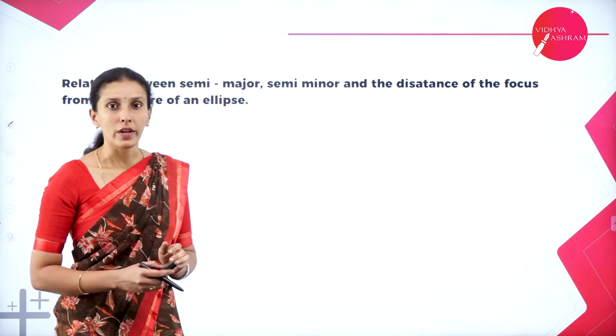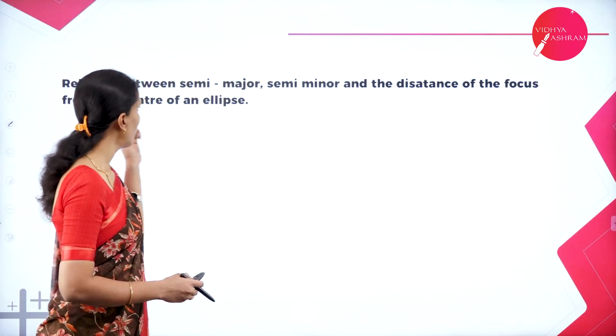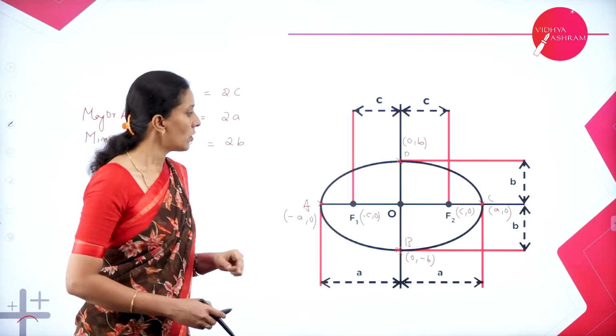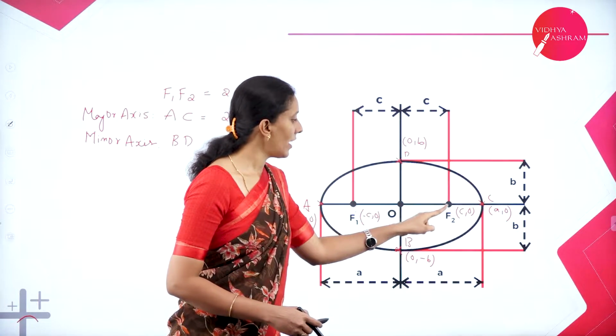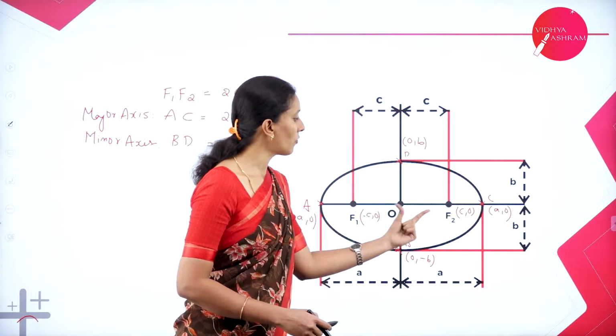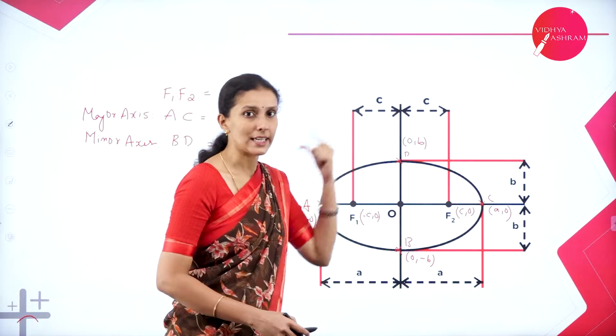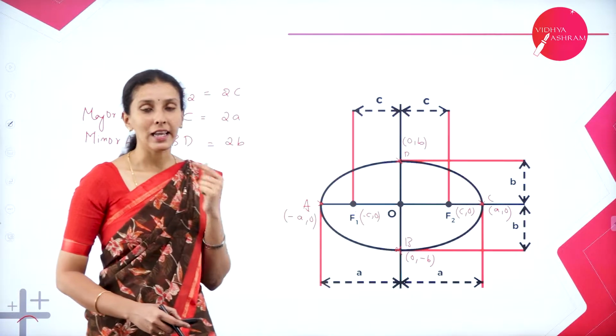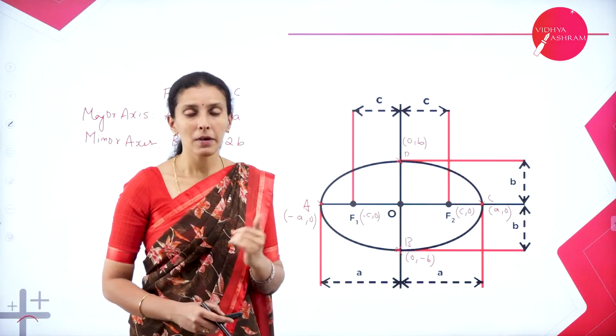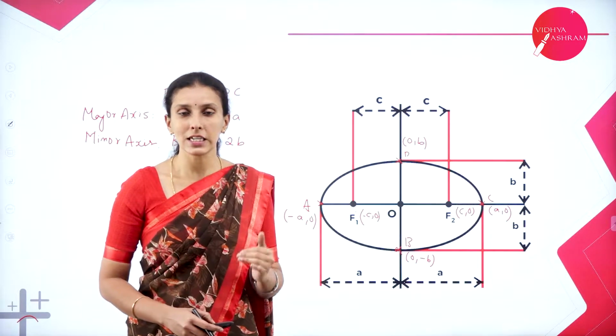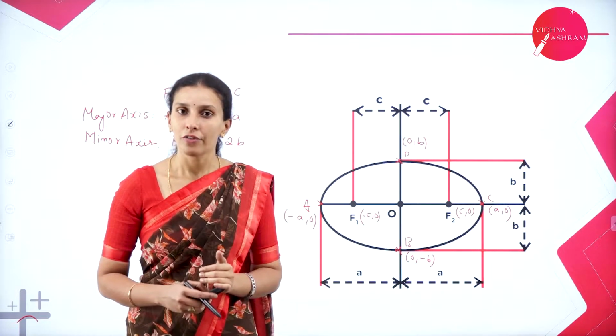Next is the distance of the focus from the center of an ellipse. The distance of any one of the foci from the center of the ellipse is always considered as C. Let's see the relationship between the semi-minor, semi-major and distance of any one of the foci from the center.